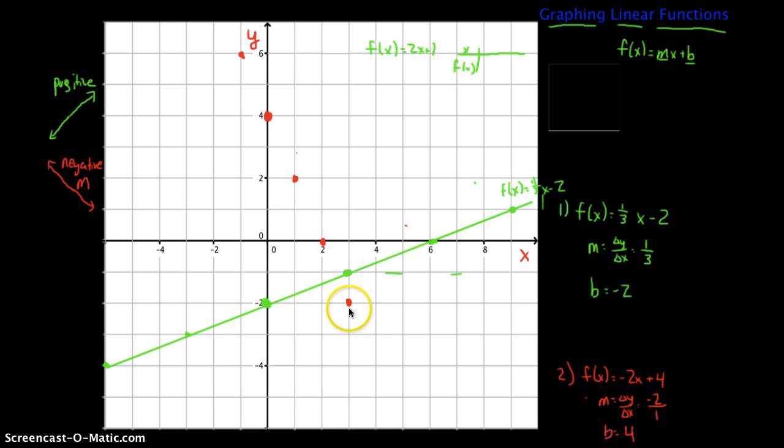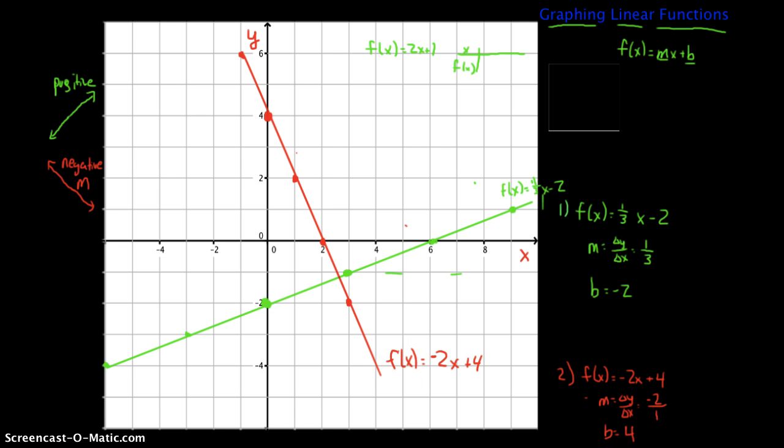Let's keep going here. Change in x is 1, change in y is 2. And there's a perfect little line that goes through all the points, okay? So this function is still f of x, or maybe we should call it g of x, but I wrote f of x. So f of x equals negative 2x plus 4, okay?